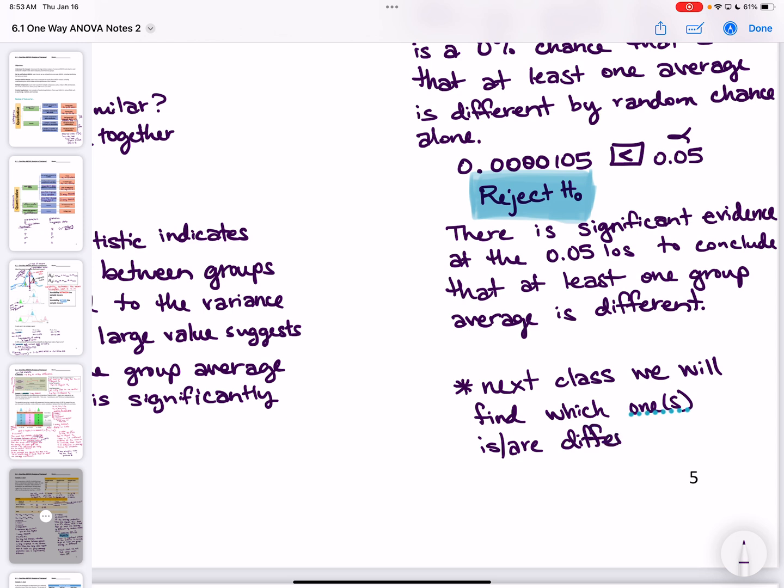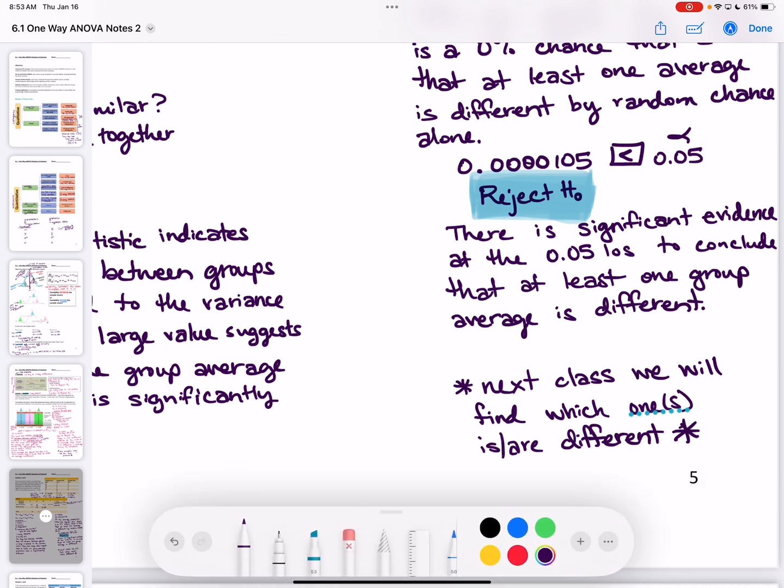Okay, it's called a post hoc test. And we use what's called Tukey's, not turkey. I've had kids call it turkey before. It's called Tukey's HSD. Okay, so you only do that though if you get reject. You only do that next test if you reject.